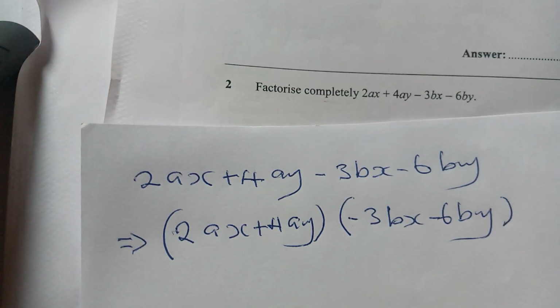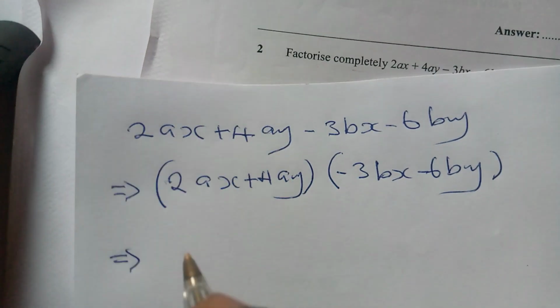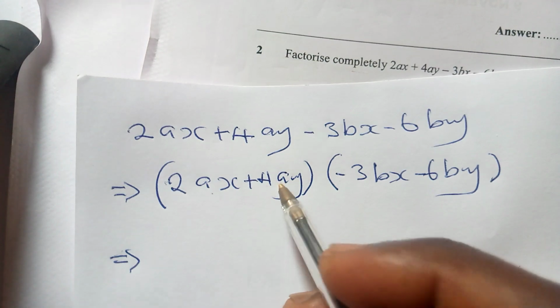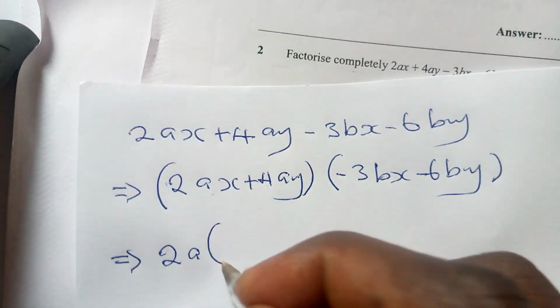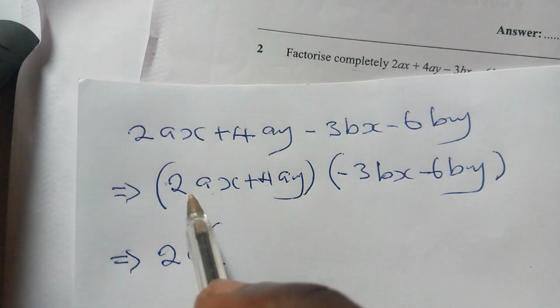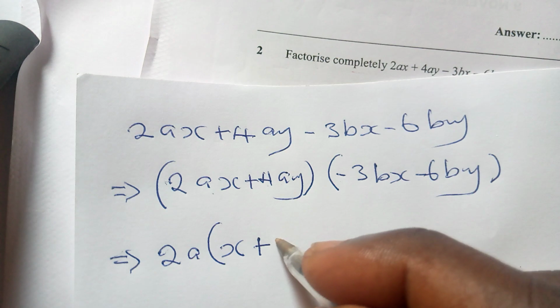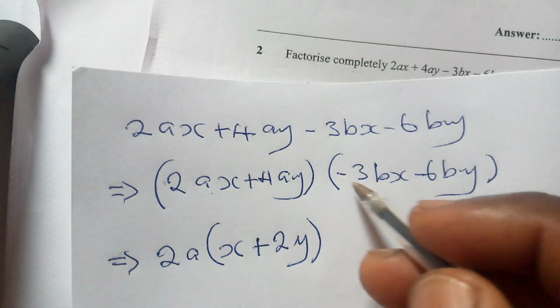Then the third step is to look for what is common here. We've got 2a, we've got 4a, so 2a is common. We open bracket. What is remaining here is x, plus 2y, like that.